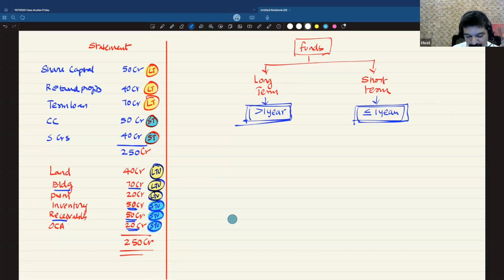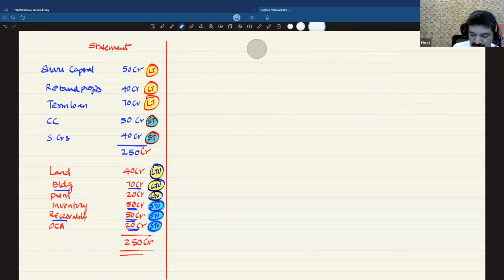I think the structure of this statement has to undergo a change based on the timing of the source and use. How many of you agree with me? If you're agreeing, just type agreed. Here, this is a blunt format. We should ideally change the format so it will make more sense.